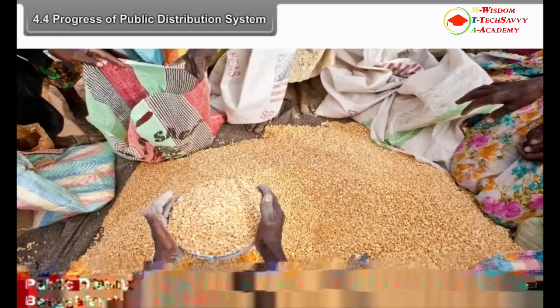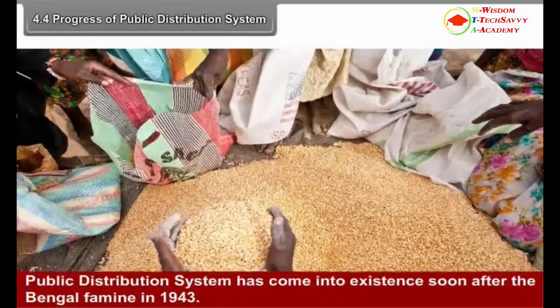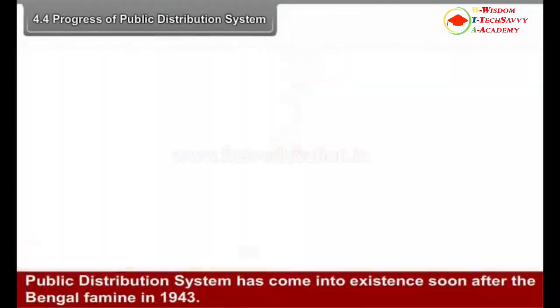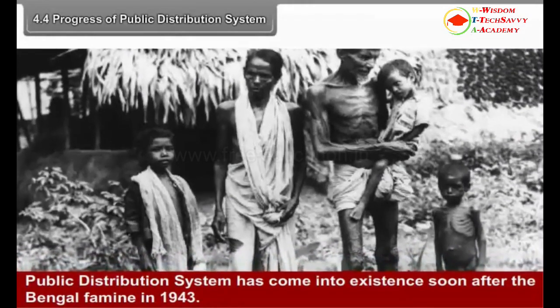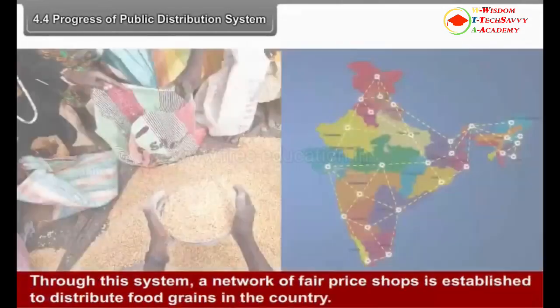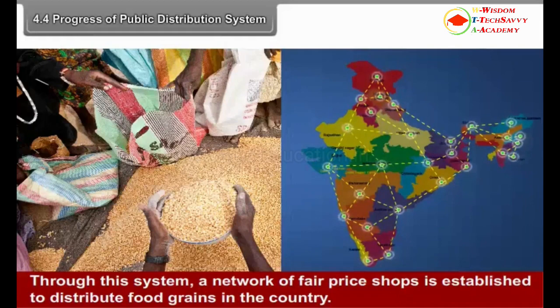4.4 Progress of the public distribution system. The public distribution system came into existence soon after the Bengal famine in 1943. Through this system, a network of fair price shops is established to distribute food grains in the country.